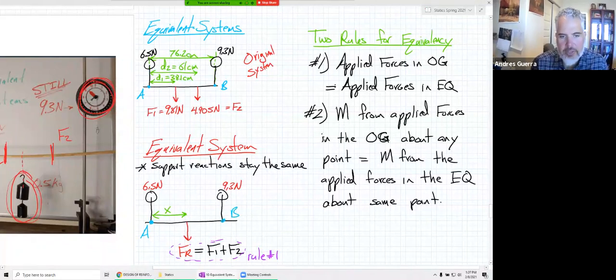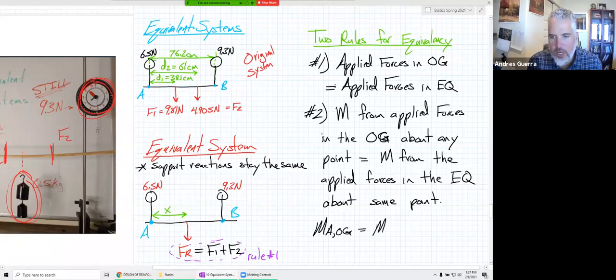I measured X from A. As soon as we know where we're measuring from, that tells us where to take the moment about. So if X is measured from A, then we should take the moment about point A. Really, rule number 2 is that the moment about A of the original has to be equal to the moment about A of the equivalent.